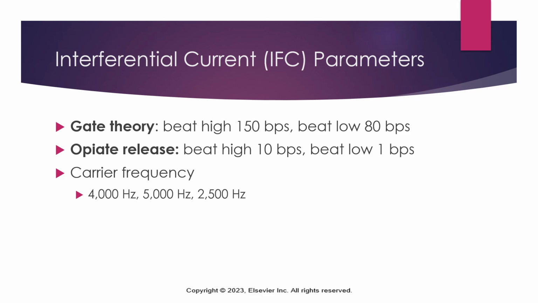So there's going to be less of a focus on you being able to select the carrier frequency because it doesn't really affect the beat frequency that we were looking at earlier.